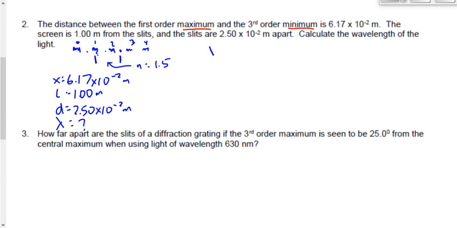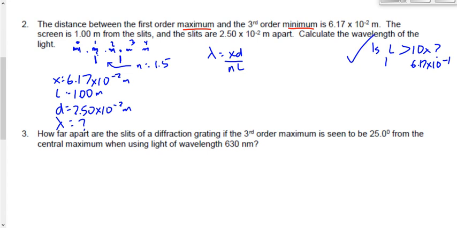So we want to use lambda is equal to xd over n times L. But we got to do a little check here, right? Is L greater than 10x? 10x is 6.17 times 10 to the minus 1. L is 1. L is way bigger than 10x, right? Way bigger than 10x. So yeah, we're allowed to use that equation.